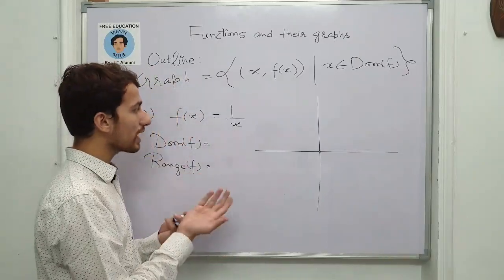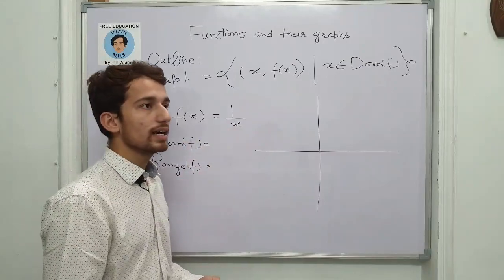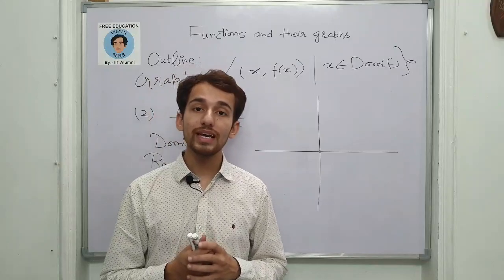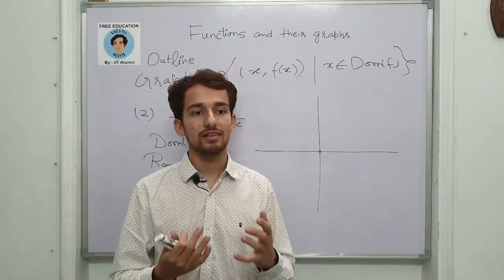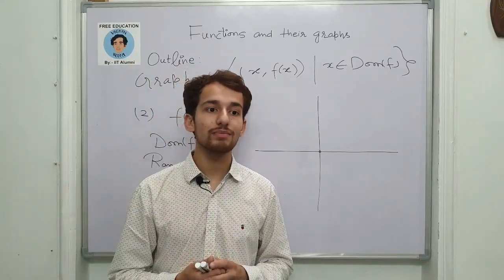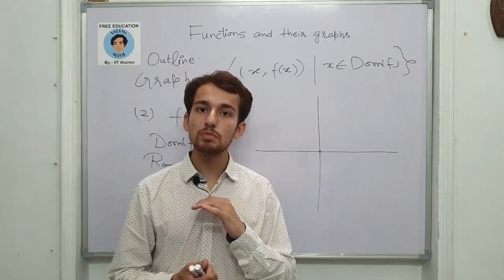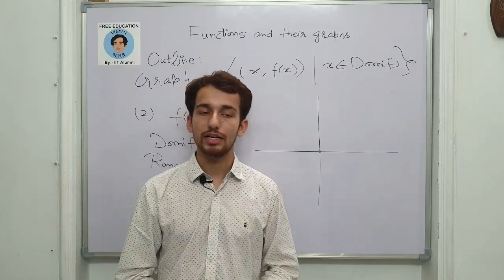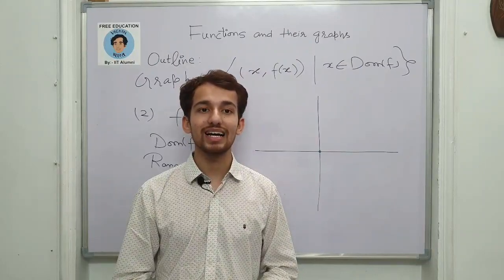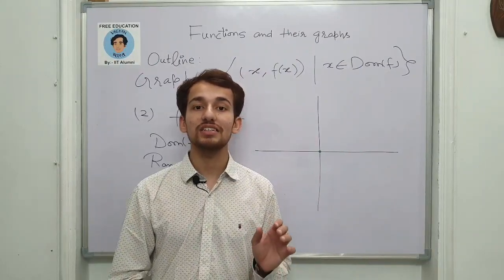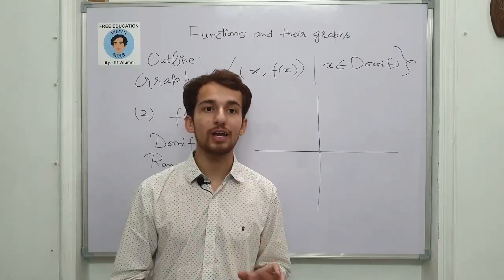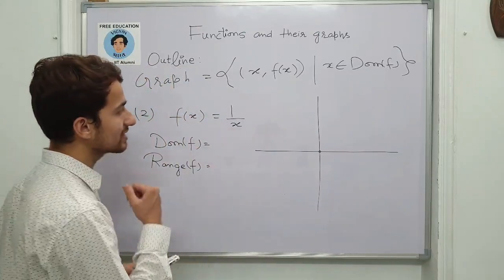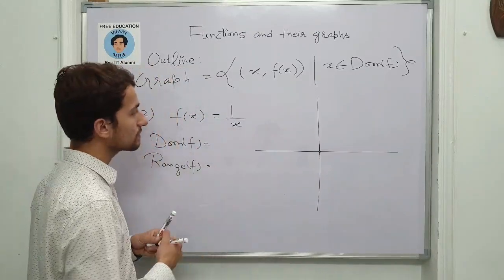So in general, whenever we are defining some function, the domain can be understood as the largest possible set of input values for which the function is defined. So in our case, we can say it is defined for all values except 0.